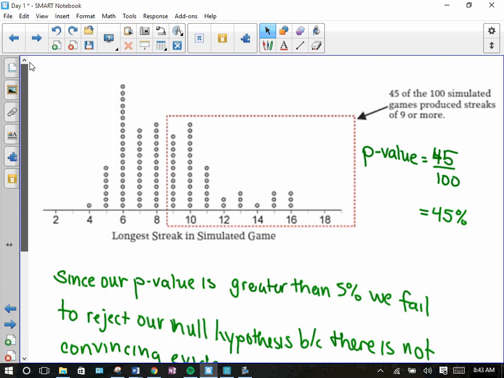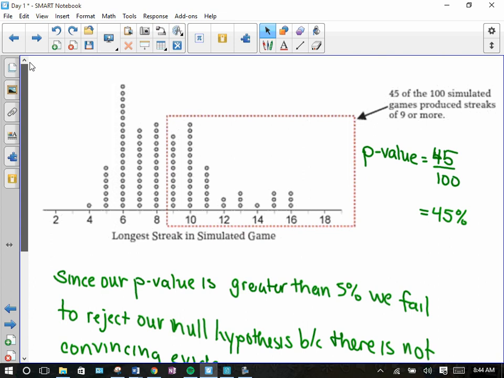Let me ask you this. In order for there to be convincing evidence that Tony Romo had the hot hand, his p-value would have to be less than what? Let's think about it.